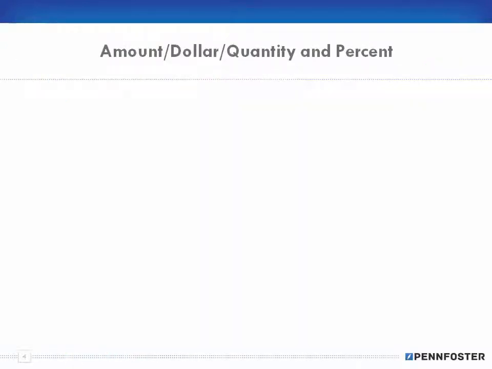Now I had said that when it comes to percents, there's really a relationship, and the relationship is between the amount, if that's what you're using, the dollar amount, the quantity, and the percent.